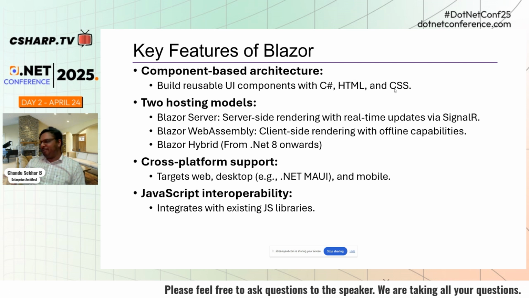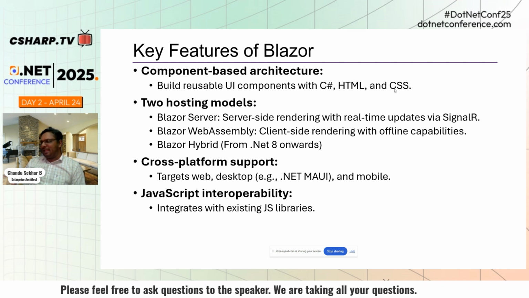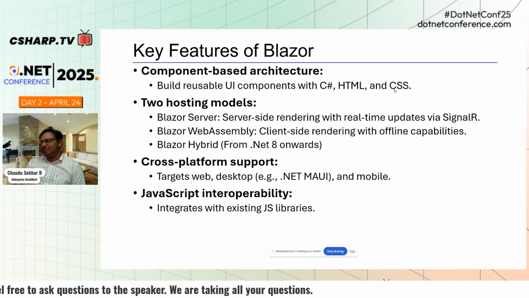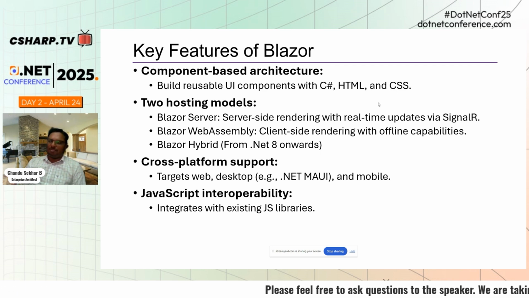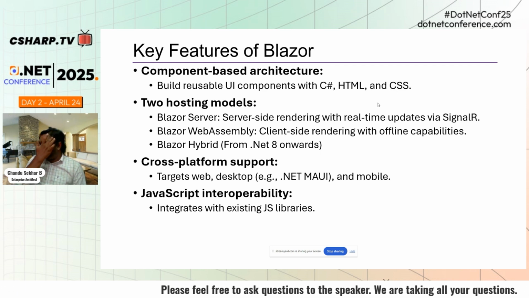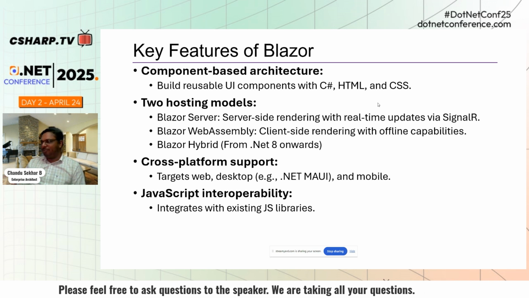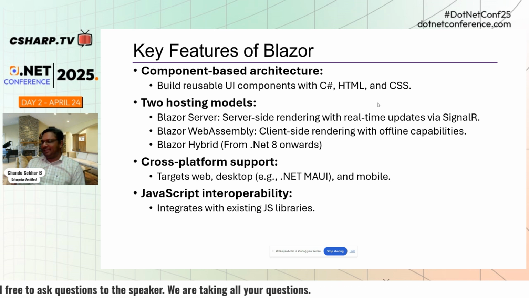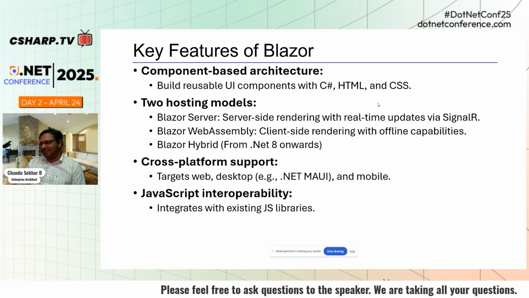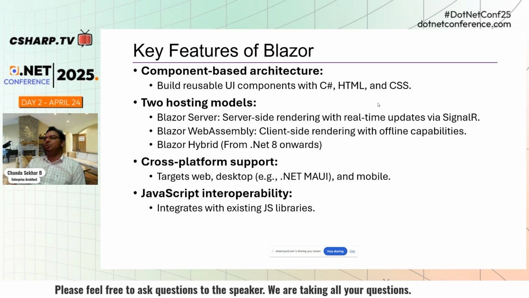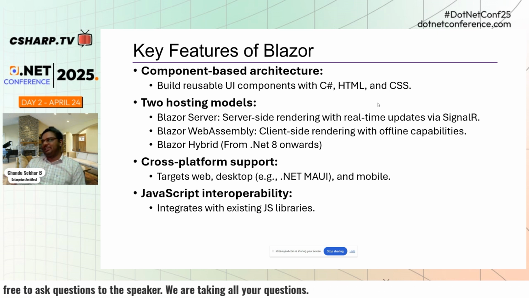Whereas Blazor Hybrid, from .NET 8 onwards, targets the web and desktop, the MAUI basically I'm talking about. As I mentioned, Blazor supports web development as well as desktop and mobile development, and it also supports JavaScript interoperability, meaning it integrates with existing JavaScript libraries, and from JavaScript we can call the C# code as well.